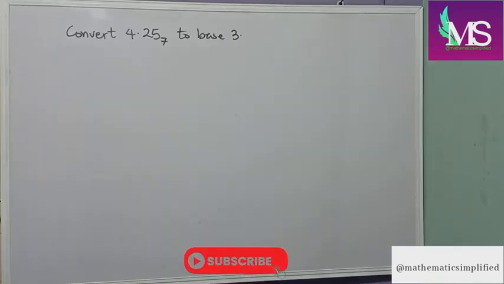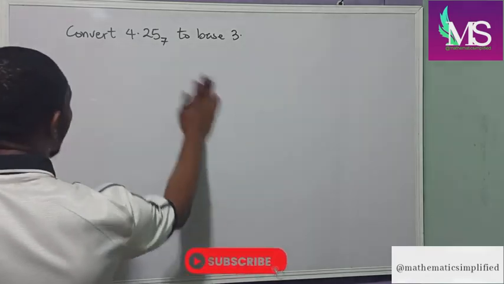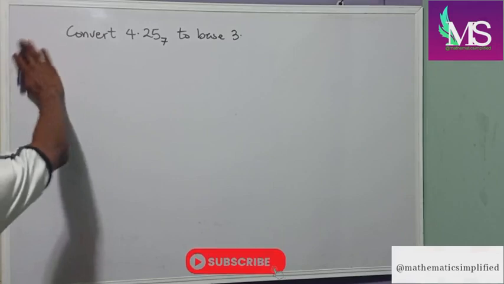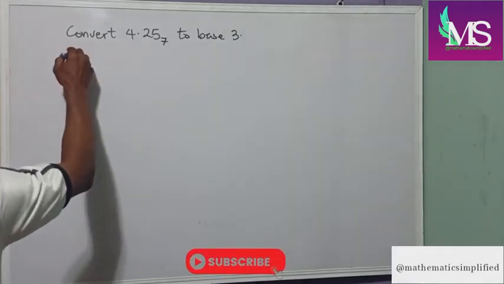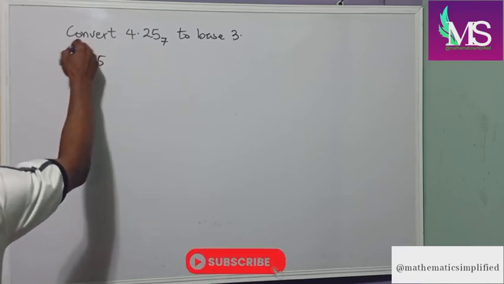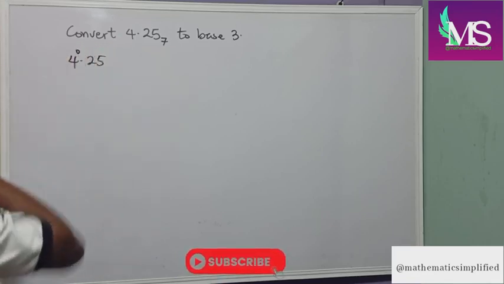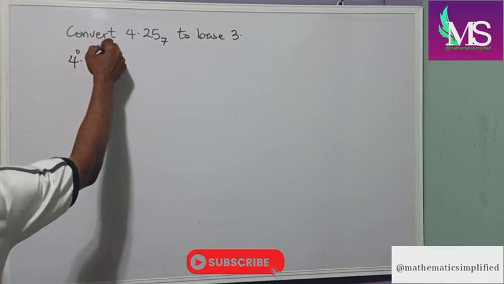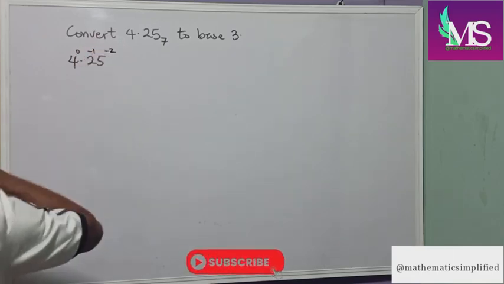Alright, we have to convert 4.25 base 7 to base 3. Now, in converting to base 3, we will first of all convert this to base 10. Remember that in converting 4.25 base 7, the 4 will have power 0, since it's just one digit, and this will be minus 1, minus 2.